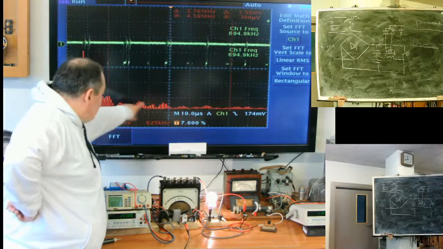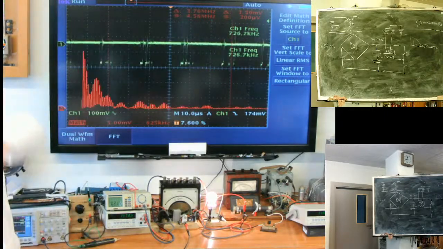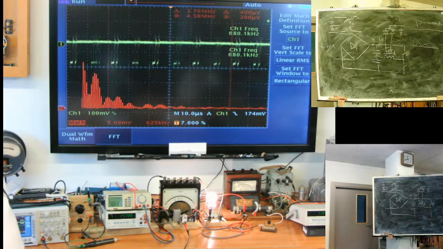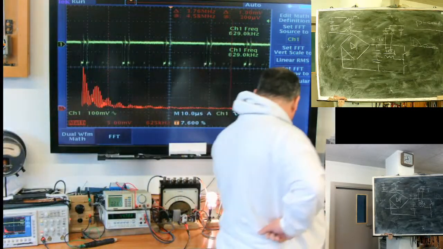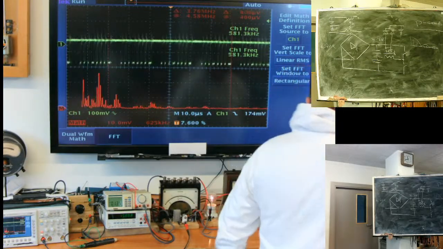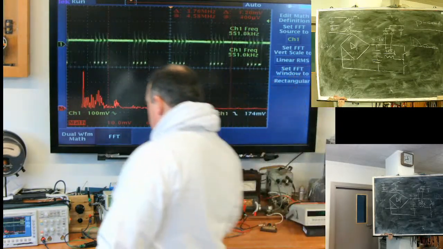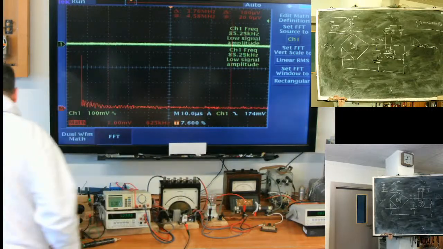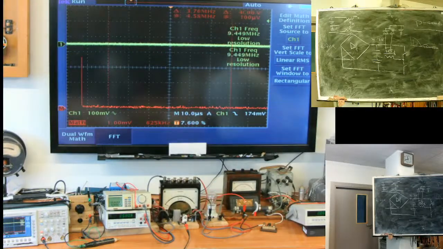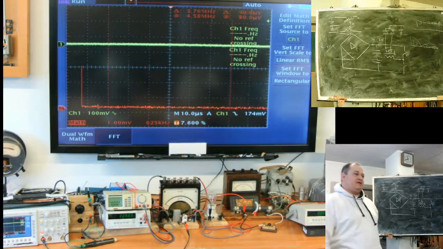See, this sine x divided by x is all this long tail of waves. PWMs are funny. They are step down, step up, and inverting converters.